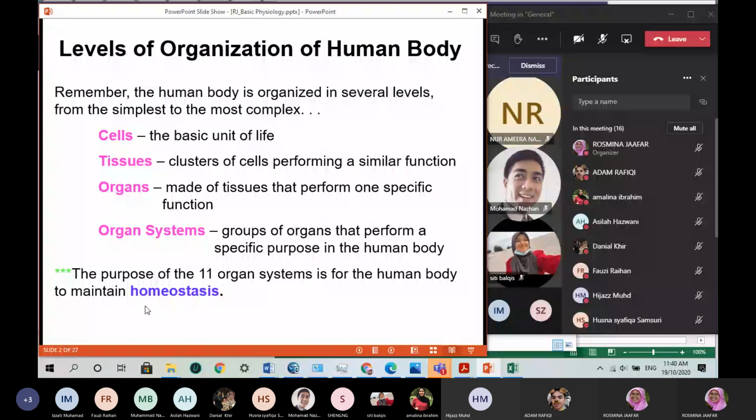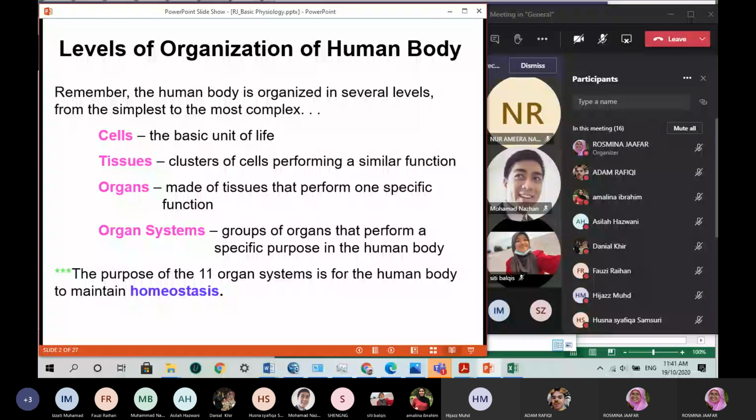Homeostasis is a phenomenon whereby you maintain the internal body despite changes in the external environment. The word homeostasis: home is your home, and stasis is static. You try to maintain comfort because you are comfortable at home, right? So homeostasis is maintaining internal balance despite changes in the outside.